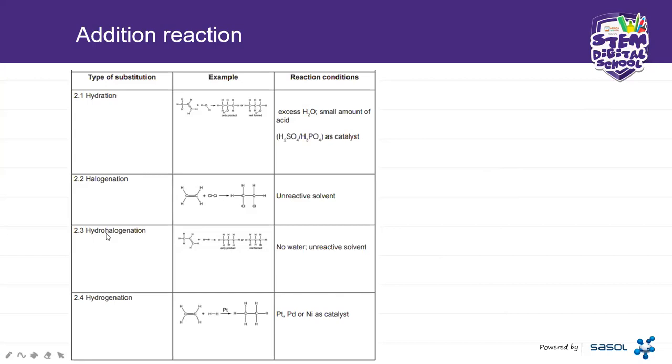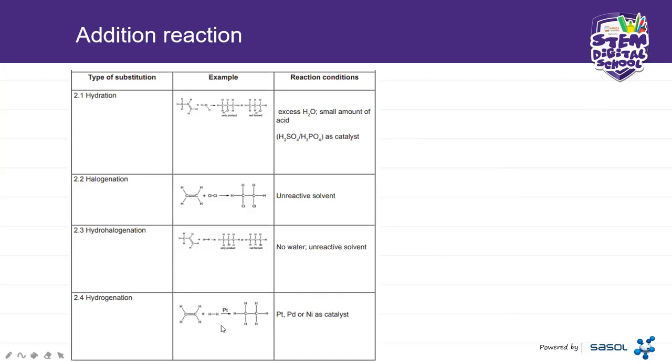Then hydrohalogenation, remember what we said? We've got our hydro, which is H, and halogen, which is Br, and we add it to our bonds over here. They'll also all give us a single bond. So no water, unreactive solvent. In this one, you're going to add a hydrohalogen, which is HBr. And then you've got our hydrogenation. Our hydrogenation is the one where we add hydrogen, which is H2.